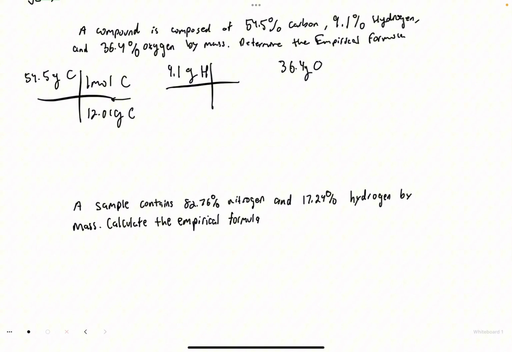And this one's hydrogen, so 1.008 grams of hydrogen, 1 mole of hydrogen, and then 16 for oxygen, and then 1 mole of oxygen. So I use the molar masses of each element to get to moles. And so let me calculate these values now.